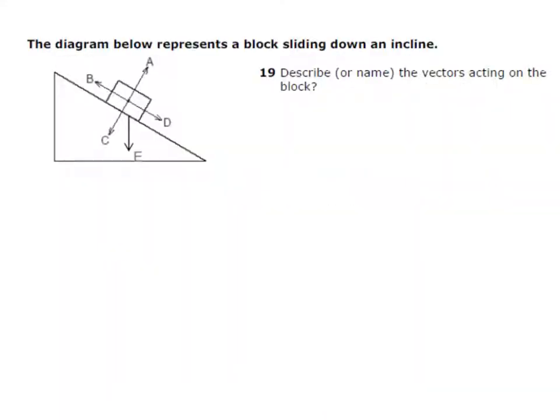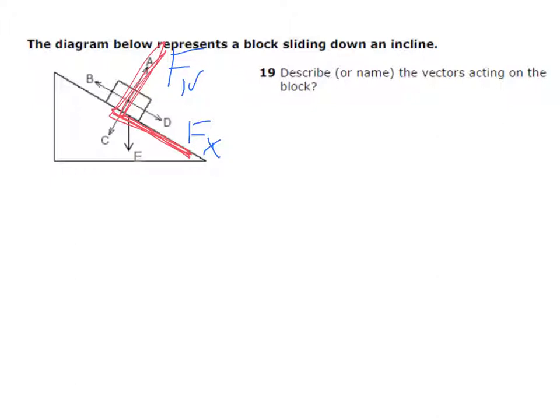In this diagram, it says, what do each of these represent? A, B, C, D, and E, I should say. So A is the normal force. D is equal to force X. It's in the X direction if you look at this right here as being your axis.